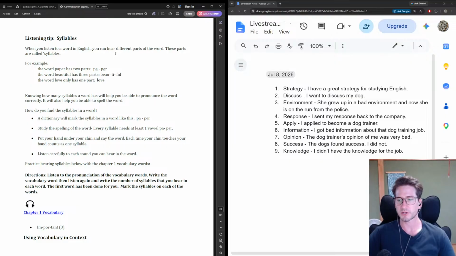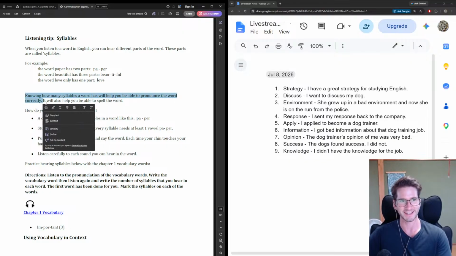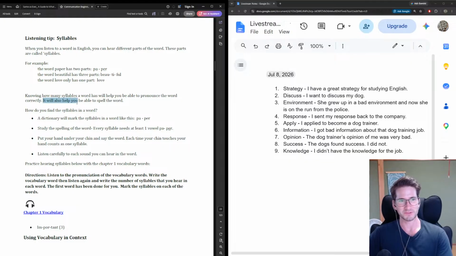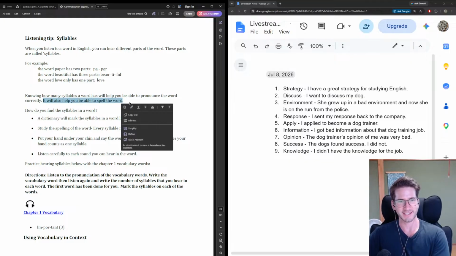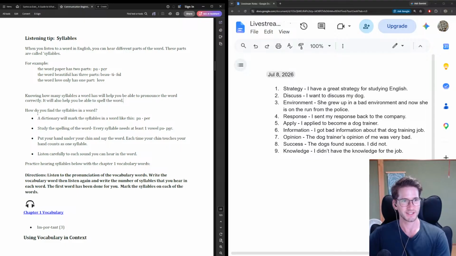Can be tricky still, especially if you're not used to how they sound, but it's helpful to know. Knowing how many syllables a word has will help you be able to pronounce the word correctly. It will also help you be able to spell the word. Yes, I think that's more useful actually.